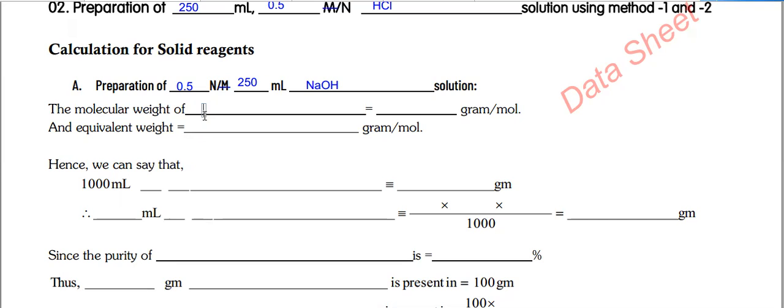And in this case, the molecular weight of what? Molecular weight of our reagent. And our reagent is sodium hydroxide. So I have to write down sodium hydroxide in this portion.